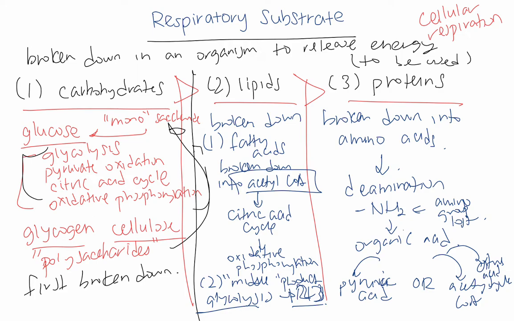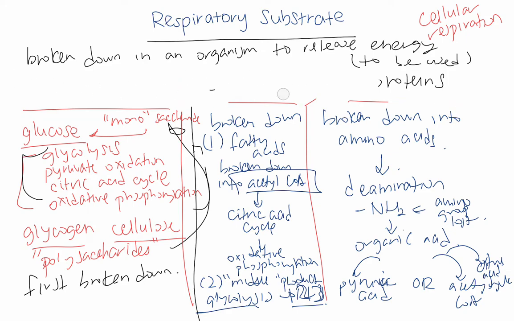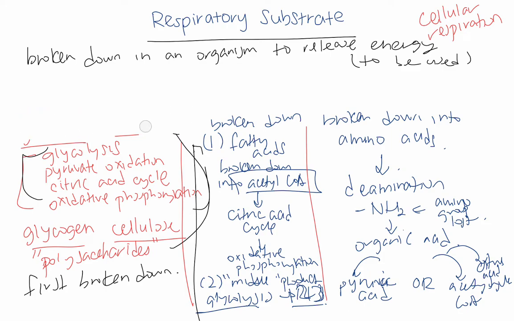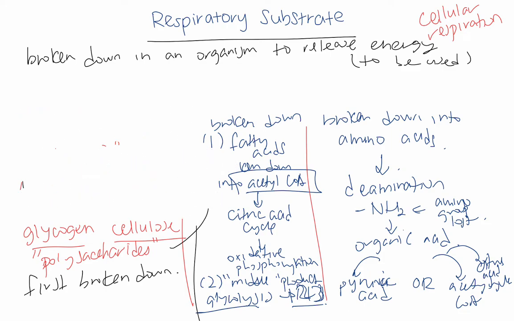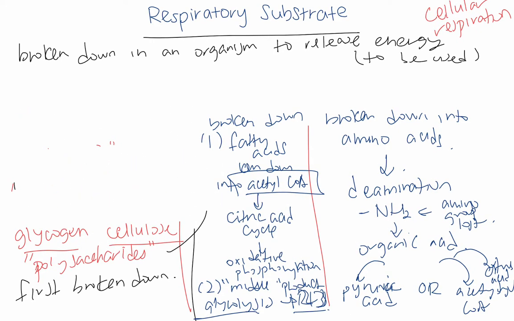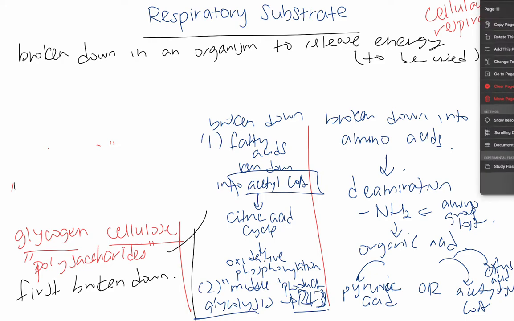So now that we see it this way, it's a little bit hard to follow. So what we're going to do is we're going to make a chart. Let's just use a different feature. So we're just going to clear the page there.